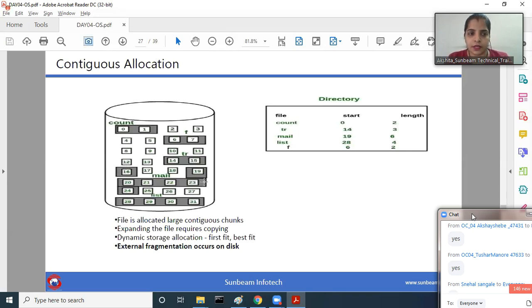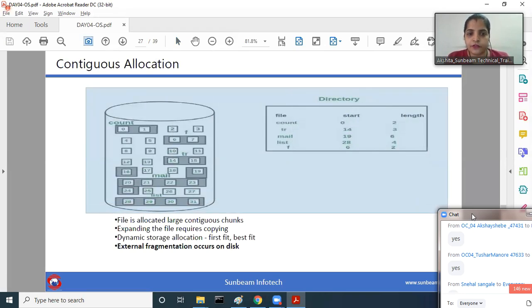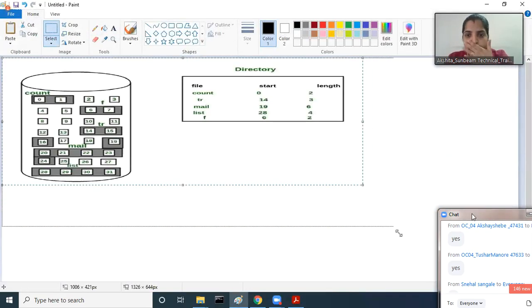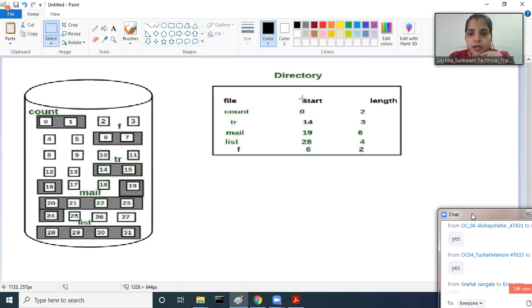For example, in this scenario, assume I have the first file as count. For this count file, my operating system has given me disk sector number 0. So count is starting at the 0th location. It is saying I need 2 blocks, so block 1 and block 2 are allocated in a continuous way.